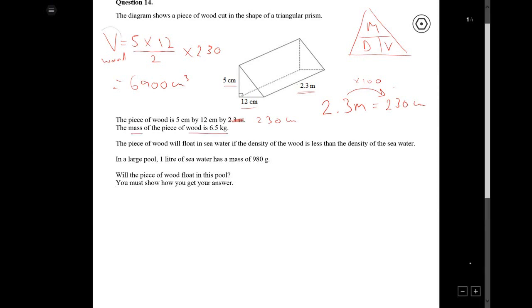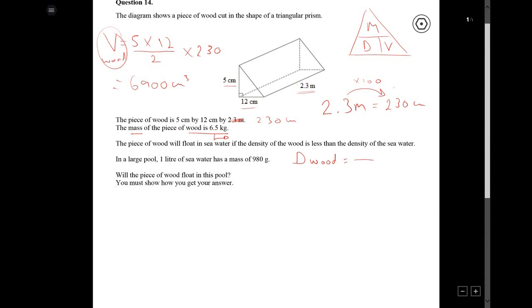So the density of the wood is equal to, if I now cover the density, I know that I'm going to have to do mass divided by volume. The mass of the piece of wood, it gives me in the question, is 6.5 kilograms. Because we've already read the question, we'd probably want to turn it into grams as well, so we have the same unit.